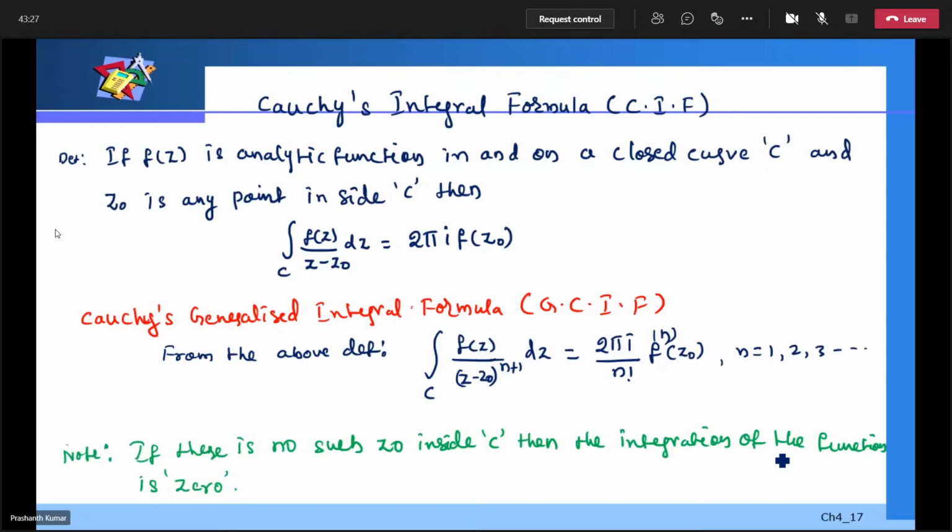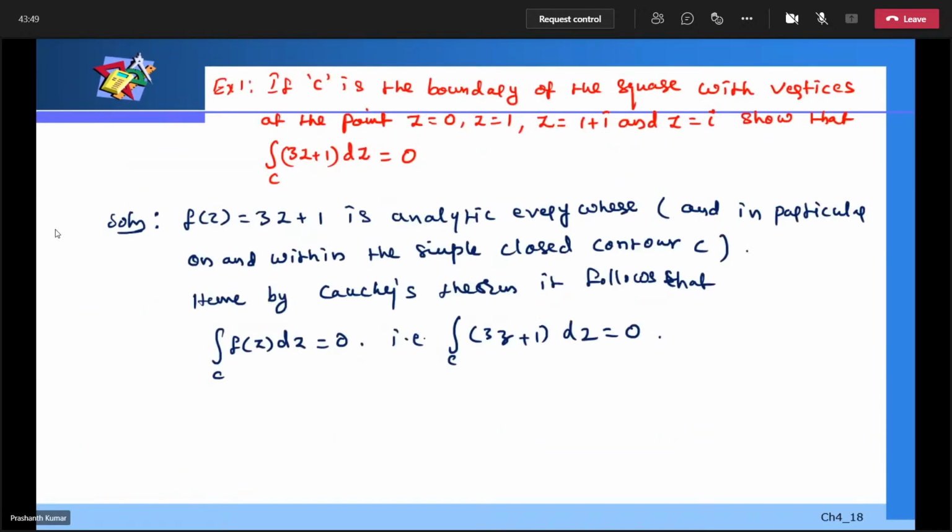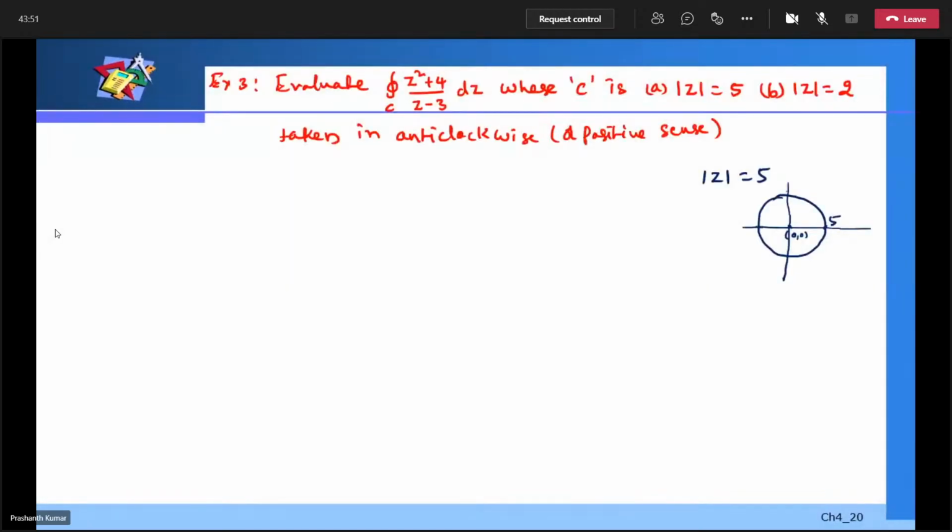So integral over C f of z by z minus z0 dz is equal to 2 pi i f of z0. This is the formula I am using, and the z0 value we are taking inside the closed curve C.